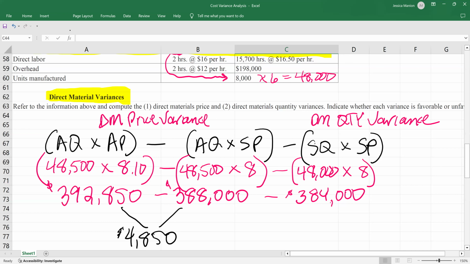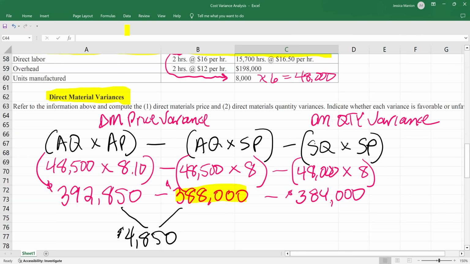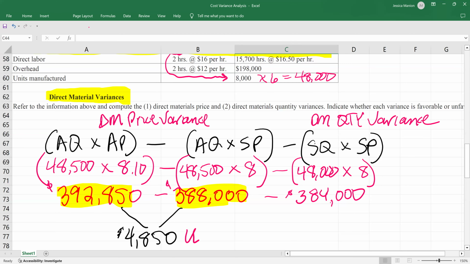And again, if we think about this, based on the actual quantity of pounds, multiplied by that standard price, we should have spent 388,000, right? Based on the actual quantity. But actual quantity times actual price, we actually spent 392,850, right? So this is an unfavorable price variance.